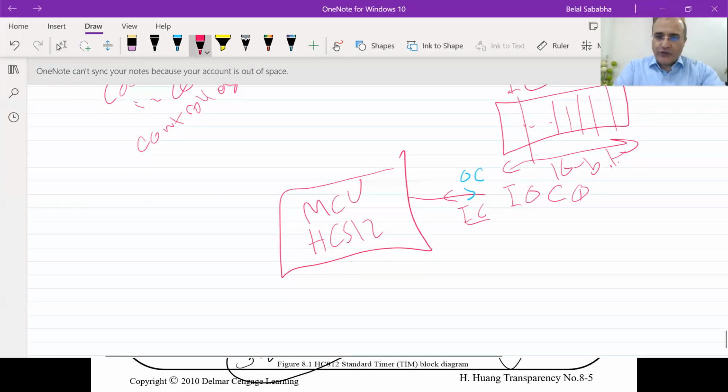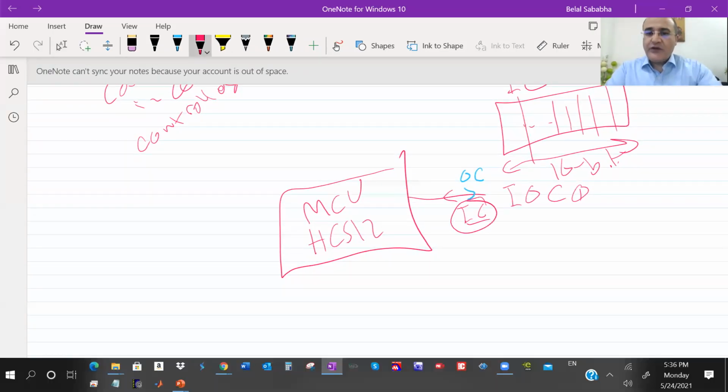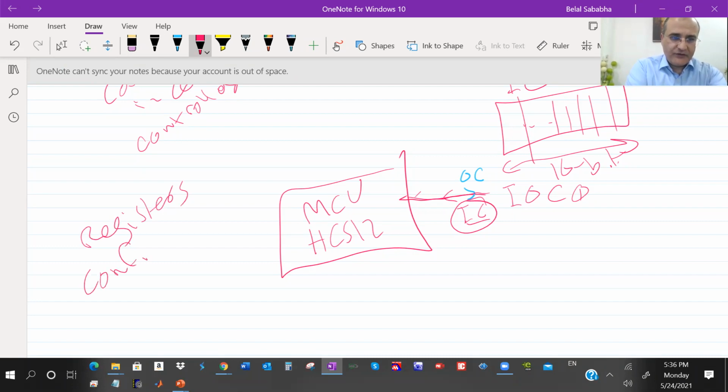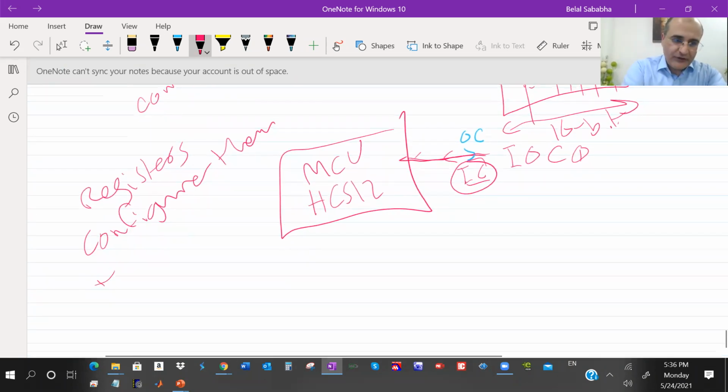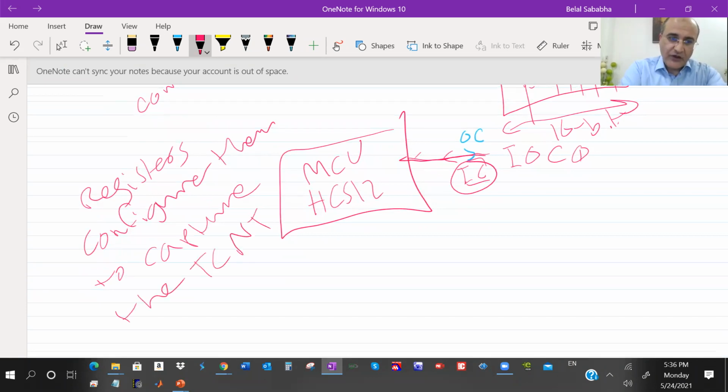In the input capture mode, you want to capture the value of the timer on an occurrence of an event on the pin. That means you go configure in the configuration registers, you configure them to capture the free running counter, the Tcnt, on an incoming event.